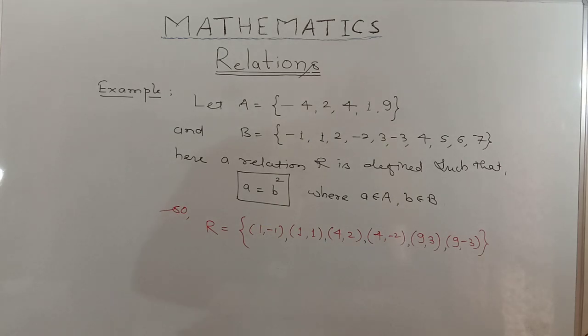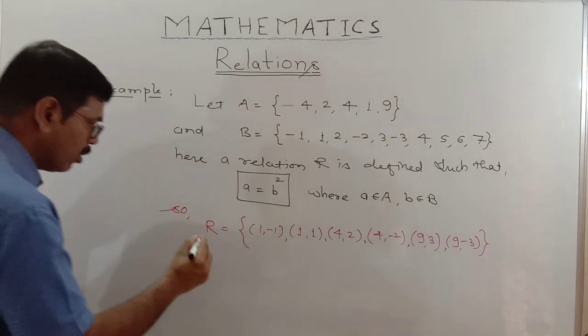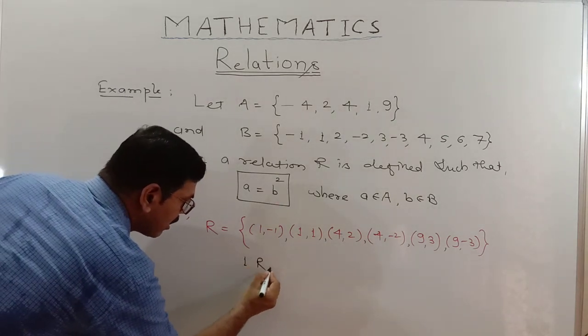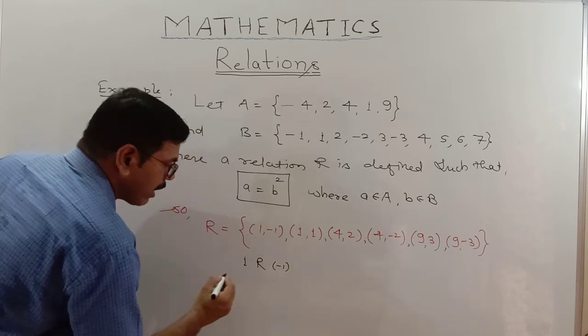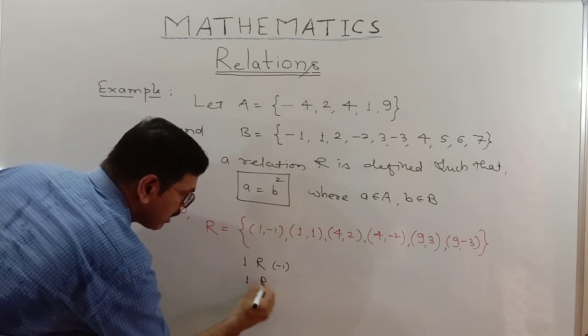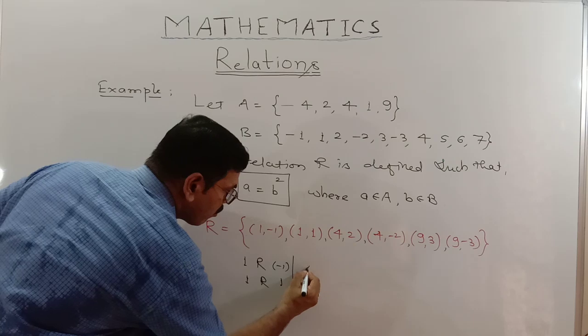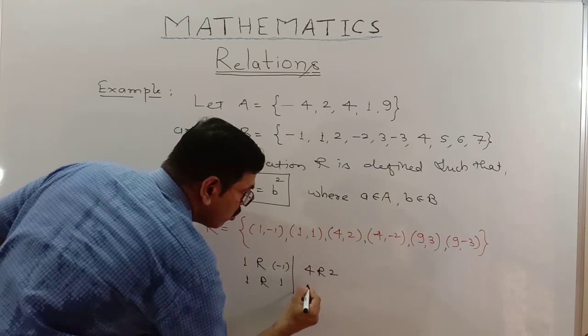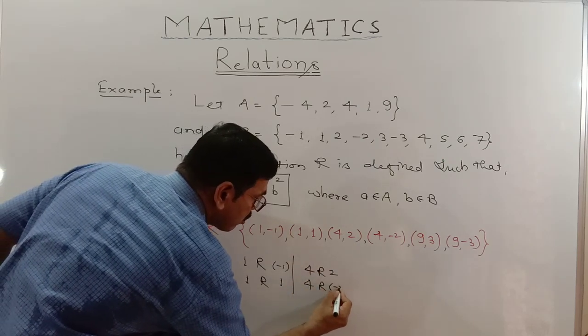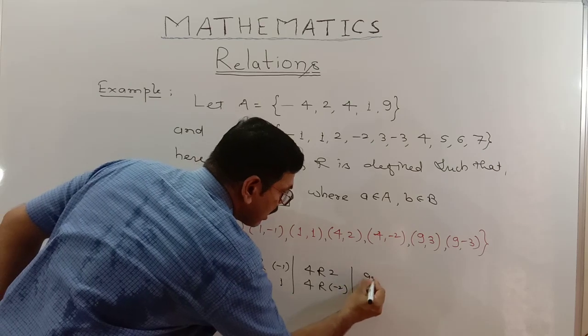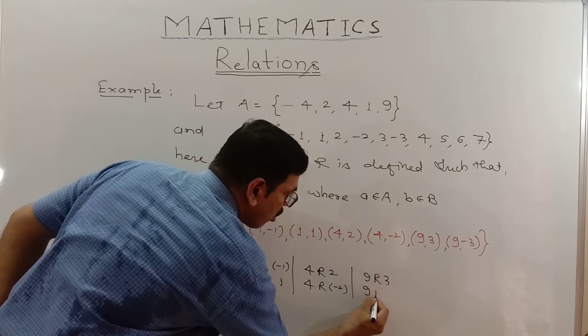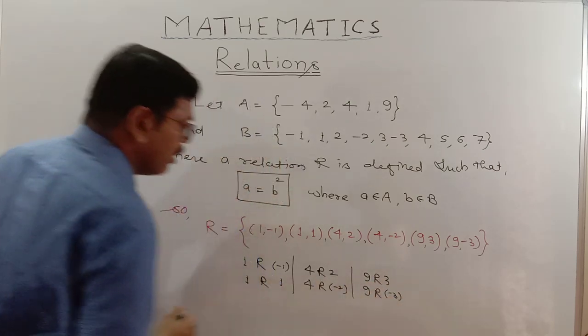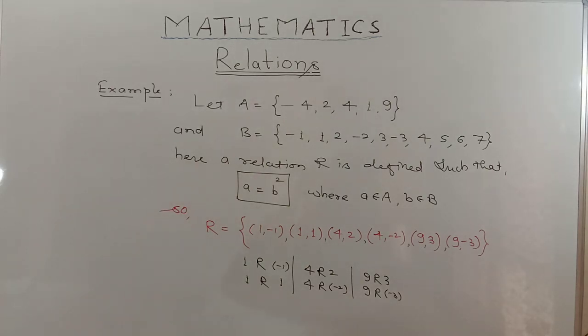Individually you can write that 1 is related to -1, and 1 is related to 1, or 4 related to 2, or 4 related to -2, or 9 related to 3, or 9 related to -3. You may represent the relation like this.